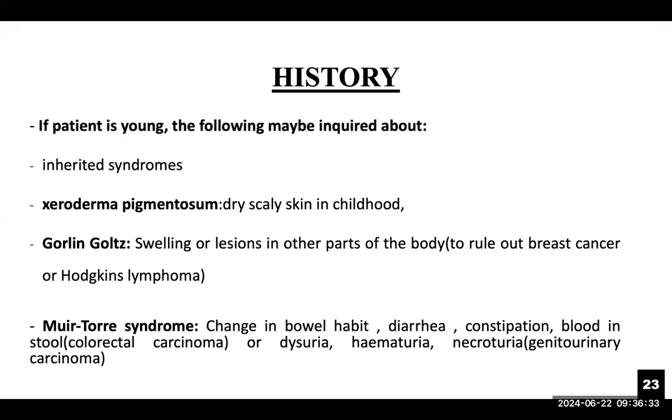Then for Muir-Torre syndrome, I want to inquire about any change in bowel habits, any diarrhea, constipation, blood in the stool, to rule out colorectal carcinoma, or dysuria or hematuria, or even nocturia to rule out genitourinary carcinoma.